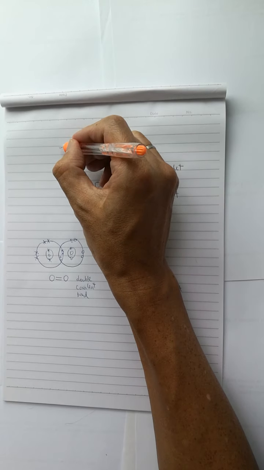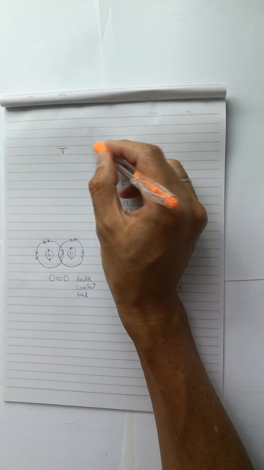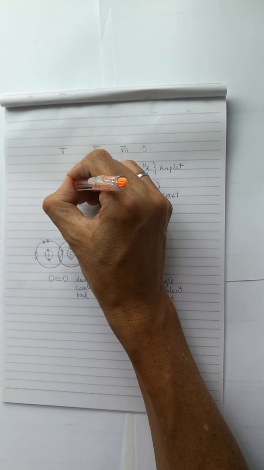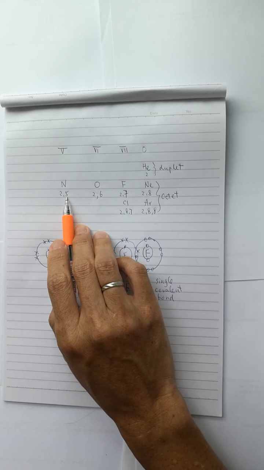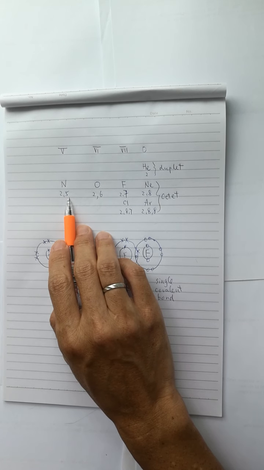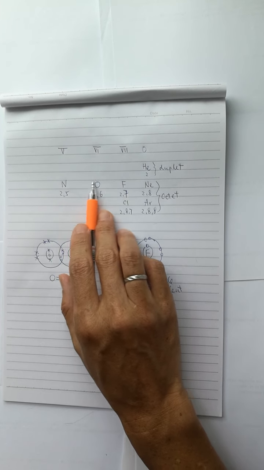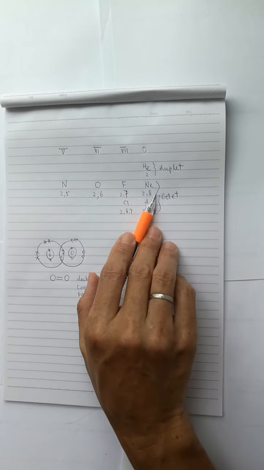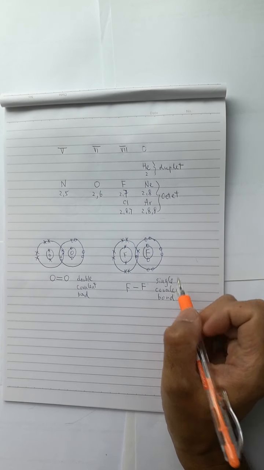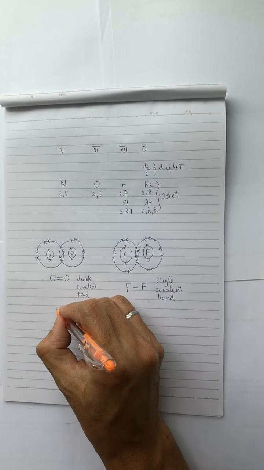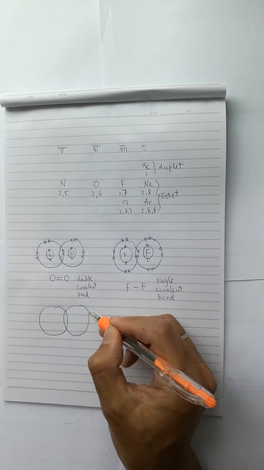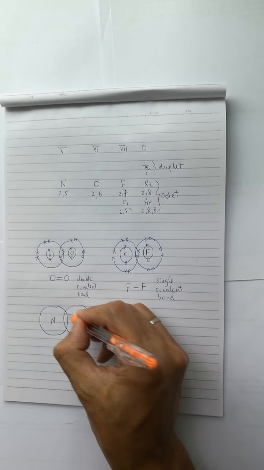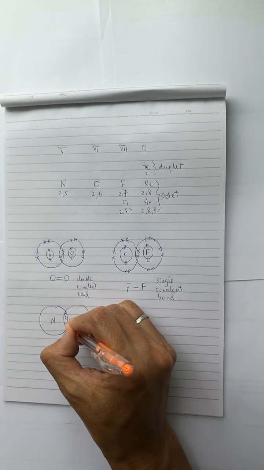And moving forward, in front of oxygen, it is the nitrogen, and it has 5 outermost shell electrons, and it wants to have 3 more electrons to become stable octets. So when 2 nitrogen come together, each of them contributes 3 electrons.